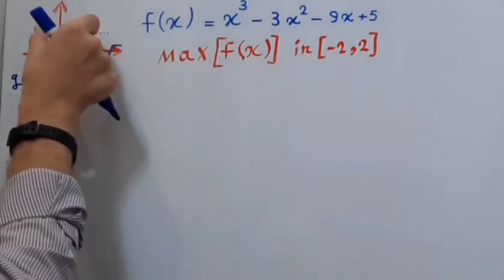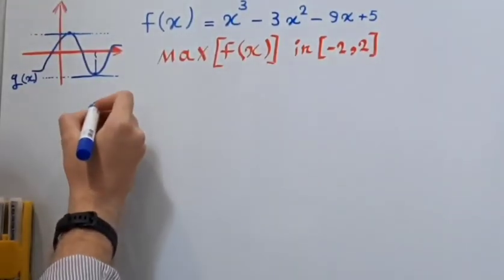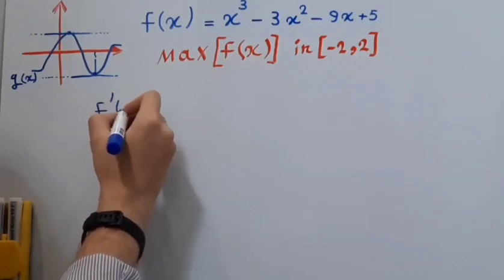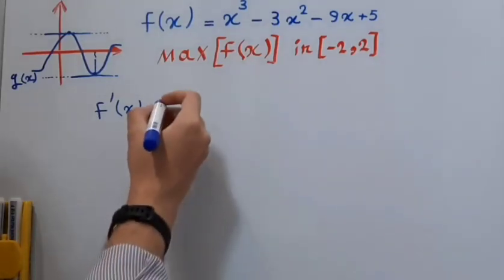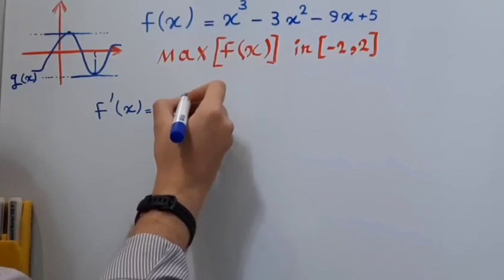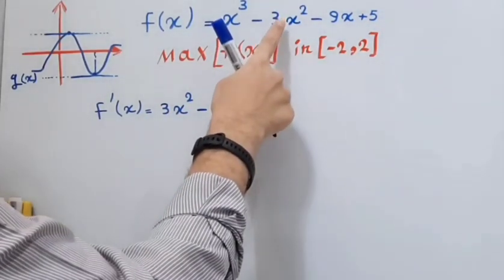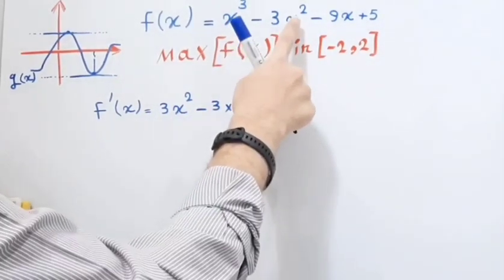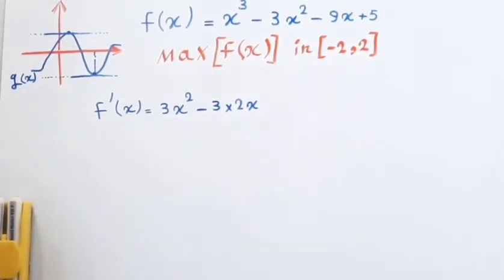I want the max value, the slope of that is 0. So at first I should find the derivative. F prime of x is going to be, x to the power 3, the derivative of that is 3x to the power 2, minus 3 multiplied by the derivative of x to the power 2, which is going to be 2x.